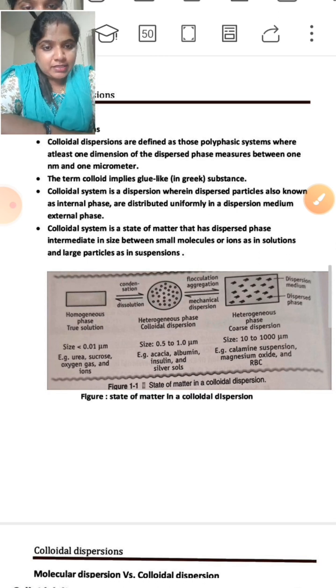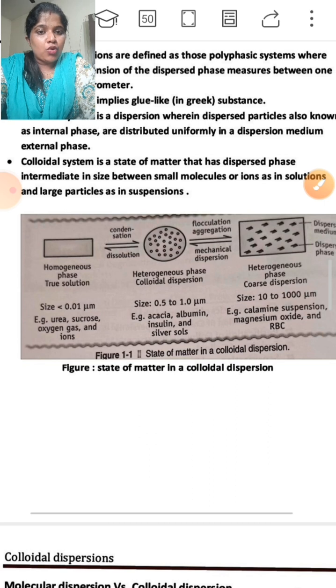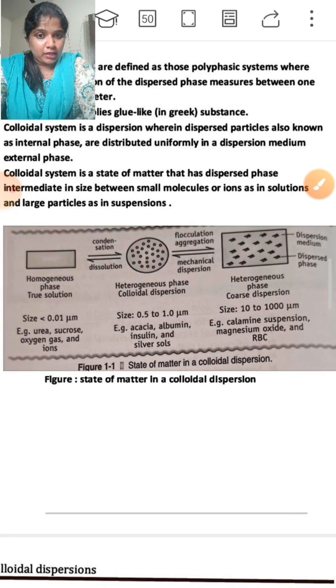So you can see the figure from the CVS Subramanian textbook. First one is the homogeneous phase, known as a true solution, which has a size range less than 0.01 micrometer. Examples are urea, sucrose, oxygen, gas, and ions.